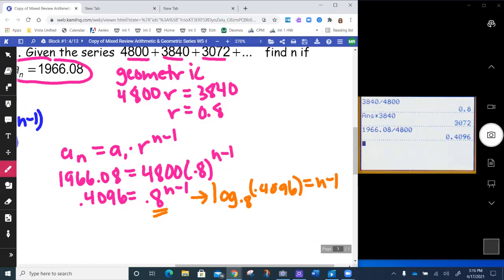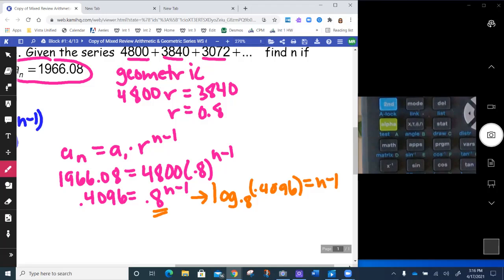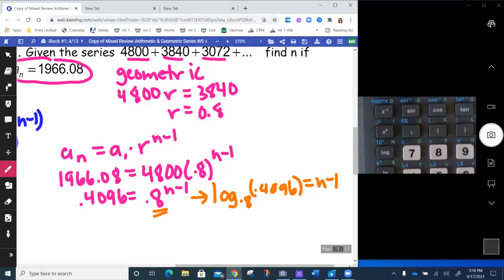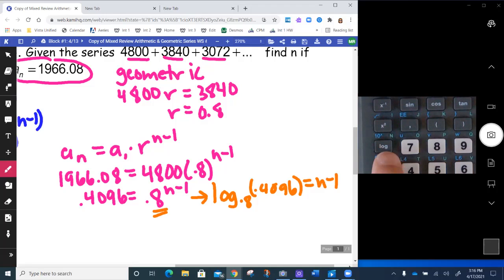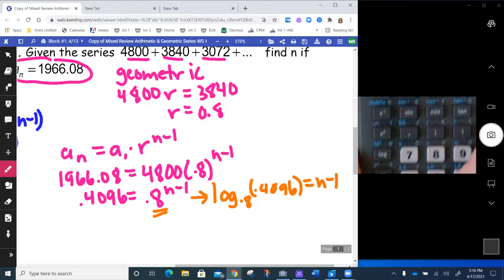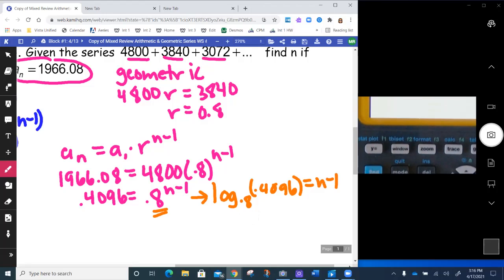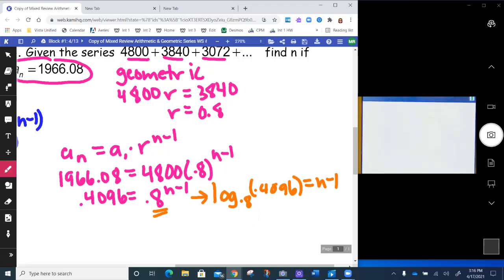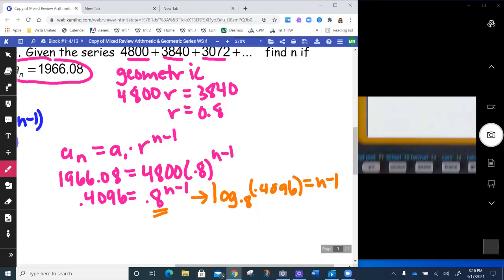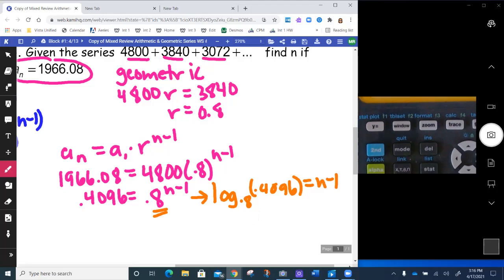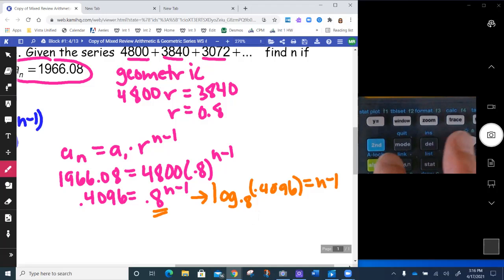And you can put this into the graphing calculators. Now, if I'm putting that into the graphing calculator, you do not use this log button right here. That is base 10. Ours is not base 10. Ours is base 0.8 if I'm doing it this way. Okay. So to get a log of any base on this calculator, I'm going to press alpha and window.